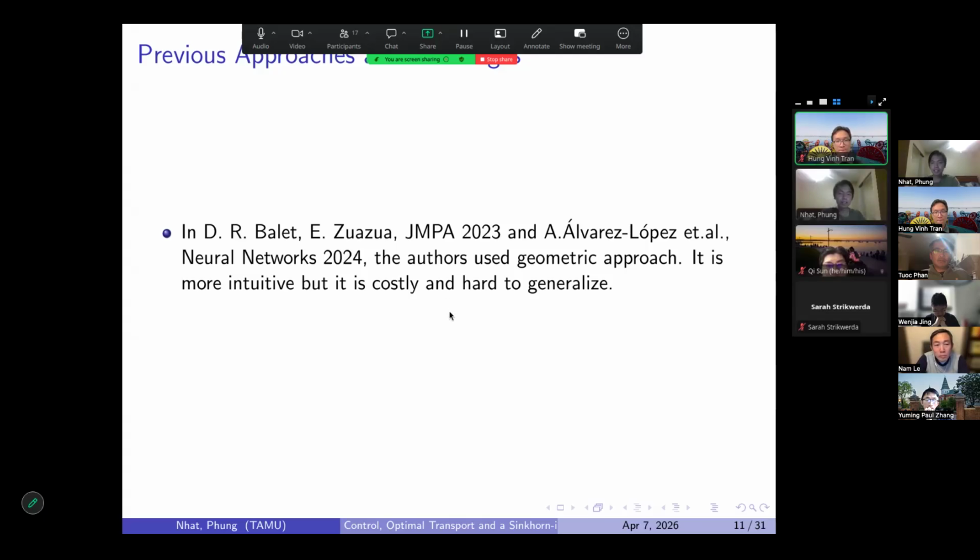So one thing is that it's highly inefficient, and of course they have to assume that the total mass must be the same to do that task. So it's also very hard to generalize. It is a very intuitive construction, so it's reasonable in a sense, but it's still far from anything optimal.